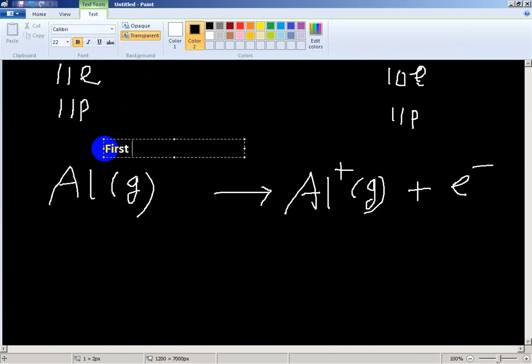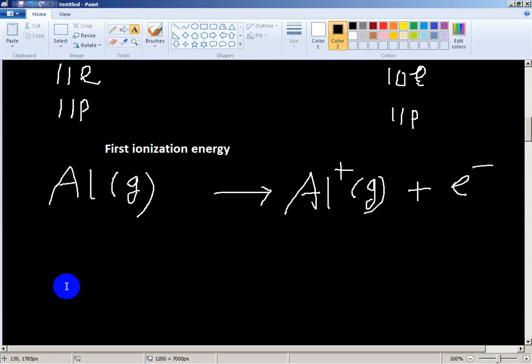First ionization energy. Now, if I remove another electron from one positively charged gaseous atom of an element in the gaseous state, it is called second ionization energy. So it will be removed from a one-positively charged atom.